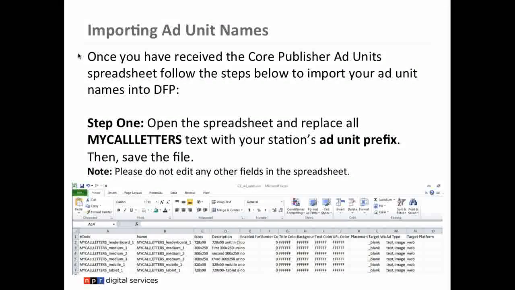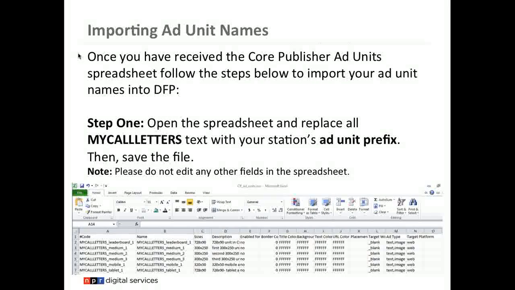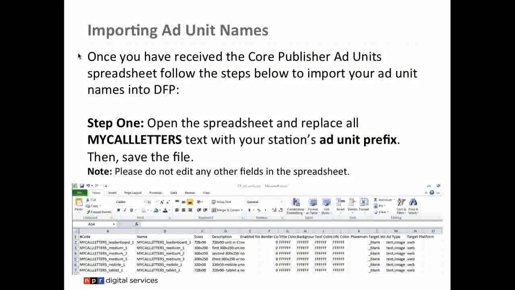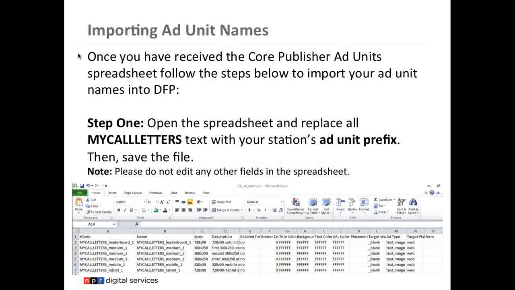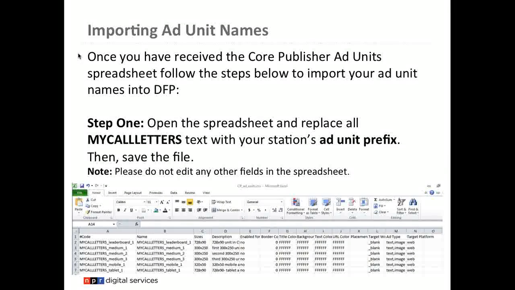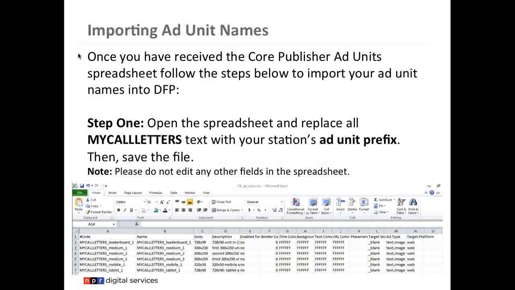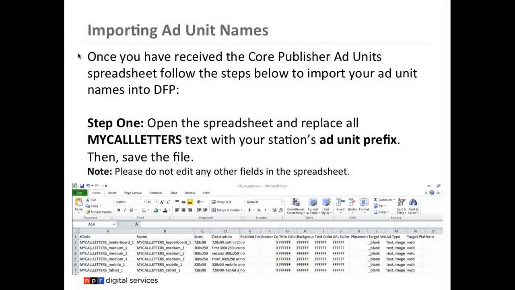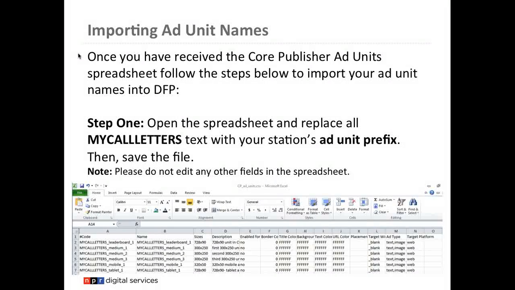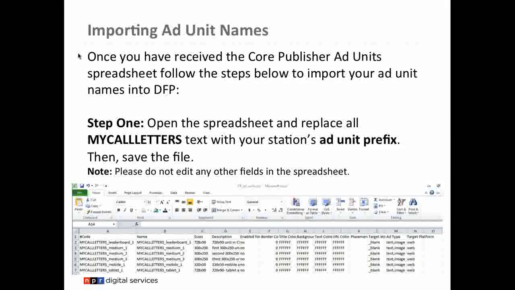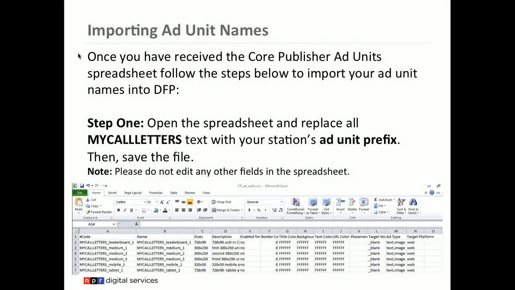If you want your ads to show up in your 300 by 250 medium rectangle size ad units, there are 3 of them. There's the right rail first, which is now called medium 1, the right rail second, which is now called medium 2, and the right rail third, which is medium 3. So if you want your ads to show up in those rectangle size block spaces, you want to use those medium ad unit names.